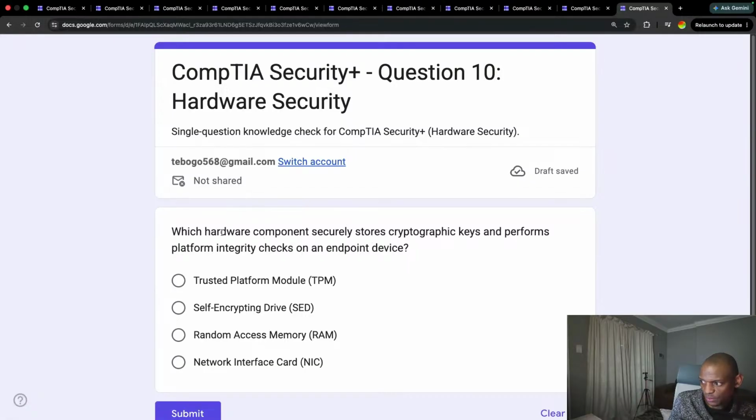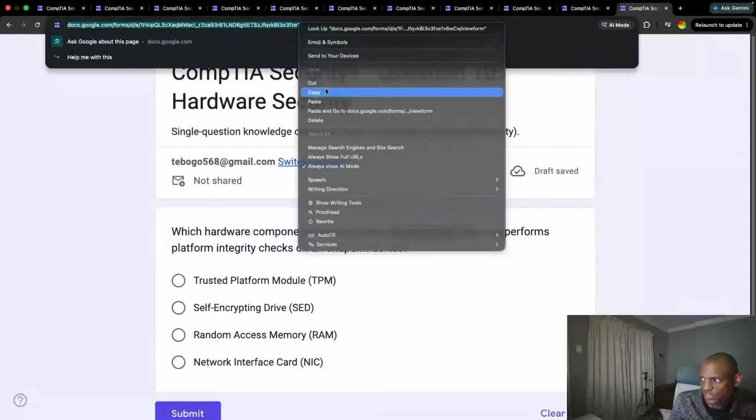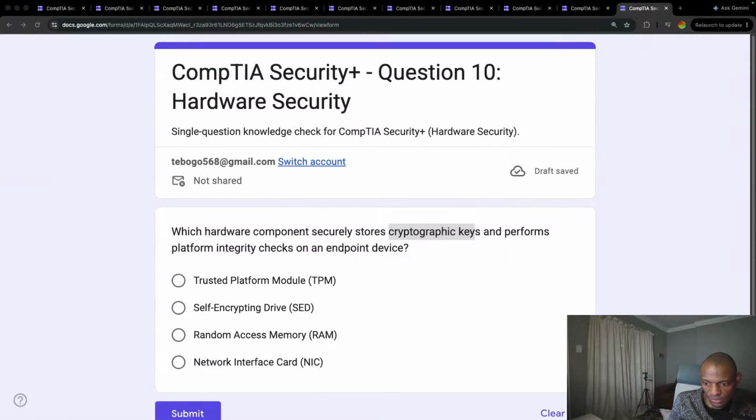So if you look at the question, they're saying which hardware, that's a keyword, which hardware component securely stores cryptographic keys. When you look at these options, which one stores cryptographic keys? That's what they're asking you. So I'm going to share the link on the chat. You guys can choose the correct option.